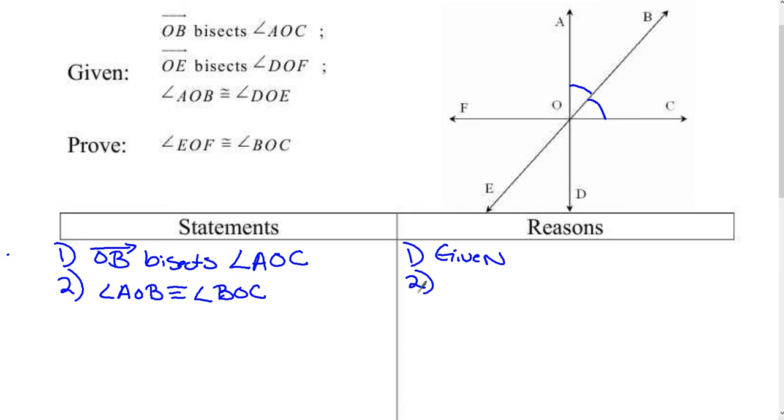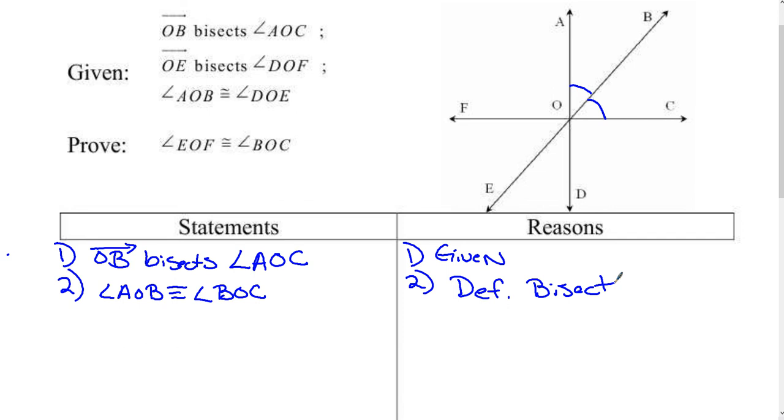Definition of angle bisector. Okay. So I'm going to abbreviate this further, so it's going to be just definition of bisect, because we're going to have line bisecting and angle bisecting. So a valid reason will be definition of bisect. Okay? So that's very good.